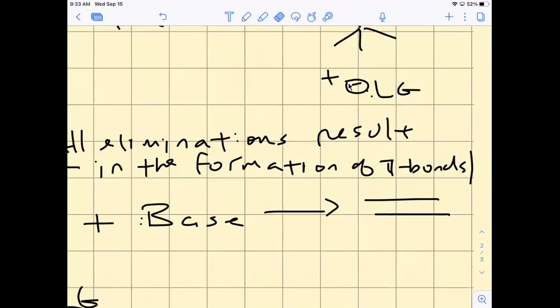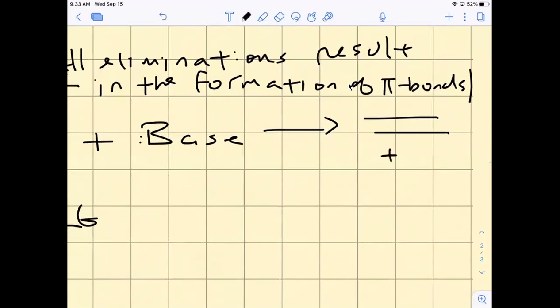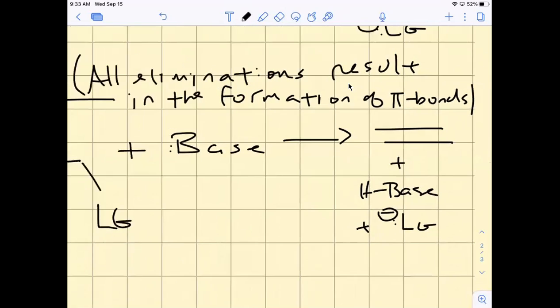Anytime you do an elimination, you're going to get a pi bond in the product. So it'll be that plus, I'm going to write this out and we'll talk about the mechanism later, H-base plus the leaving group.